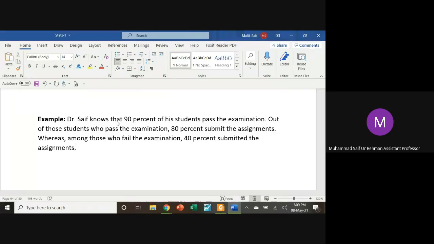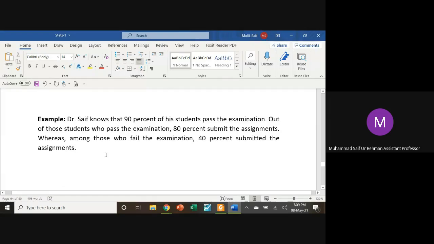So it is quite possible that people who are failing the examination had submitted the assignment. They submitted the assignment, but even then they failed the course. It is quite possible. It is common sense. So now see the scenario.